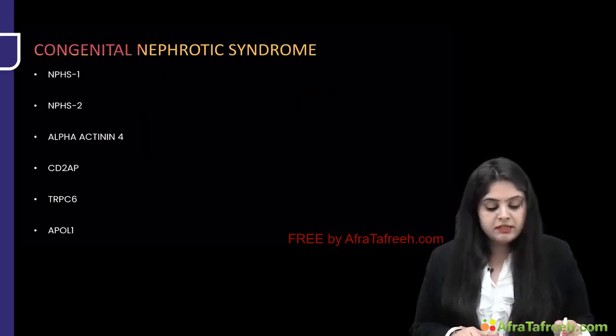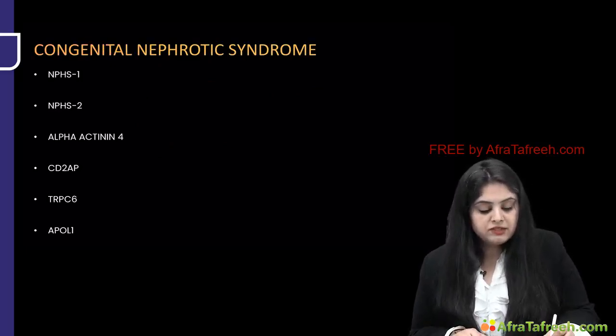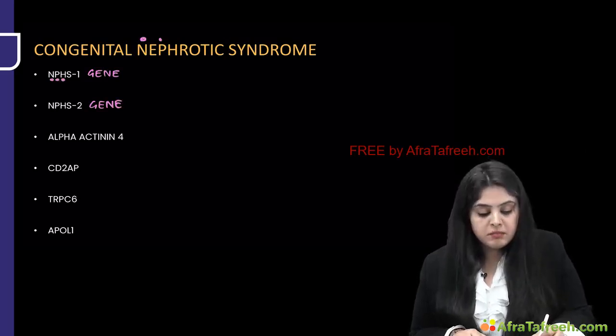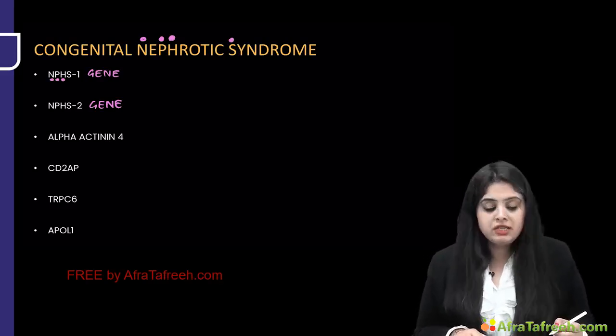So look at this. The nephrin goes wrong means what? Can you see that there are 2 genes that are written over here? NPHS1 and NPHS2. So first know their full form, because NPH is nephrotic and S is syndrome. So these are the nephrotic syndrome genes.